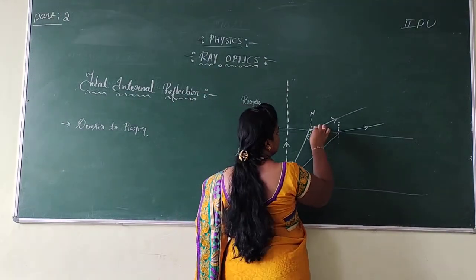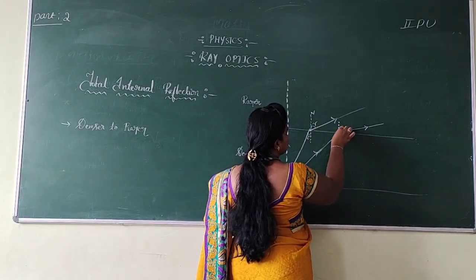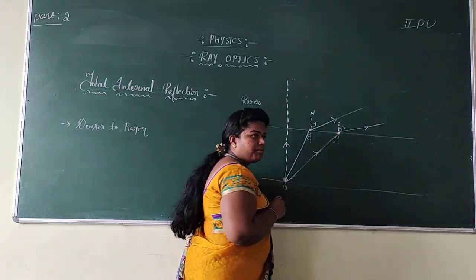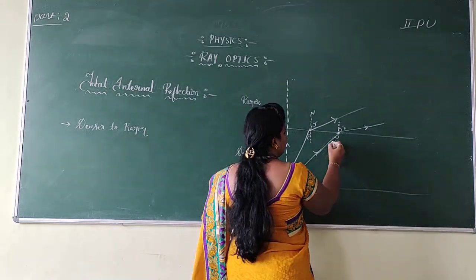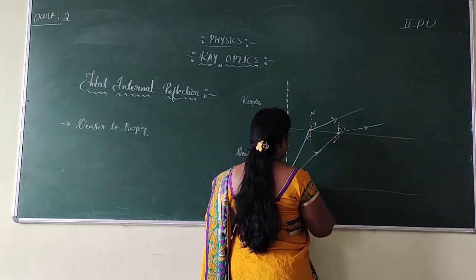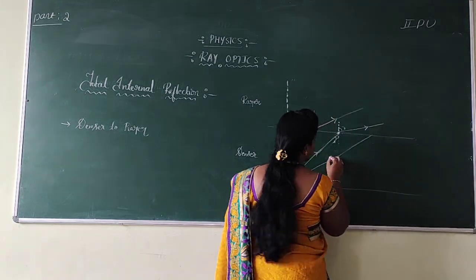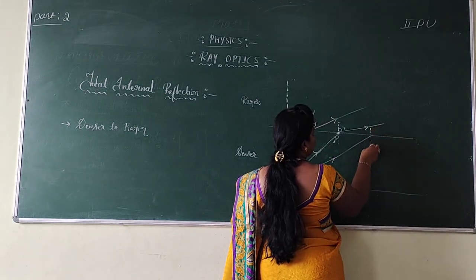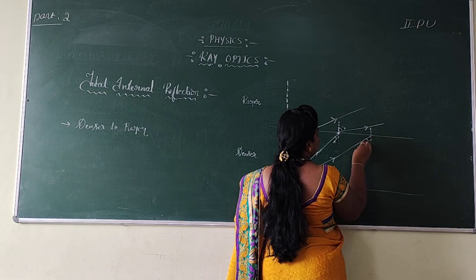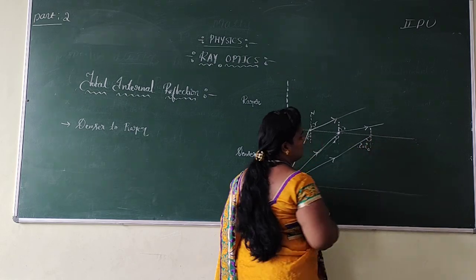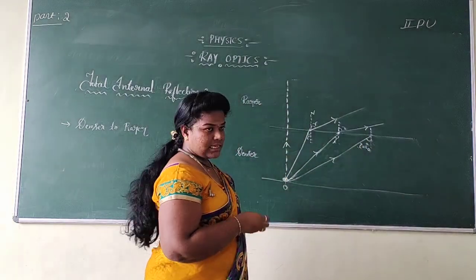This is the angle of incidence and this is the angle of refraction. Even if I increase the angle of incidence, that particular angle of incidence is called the critical angle, represented as iC.